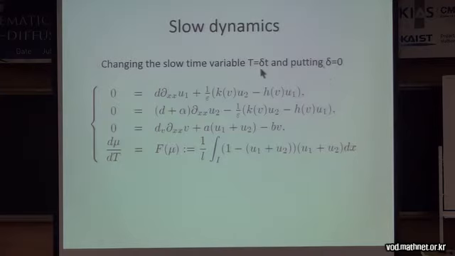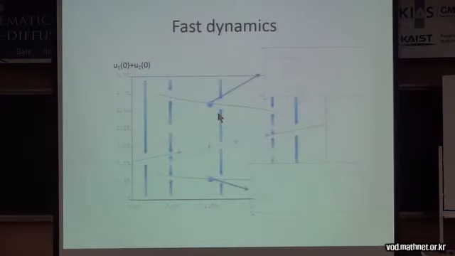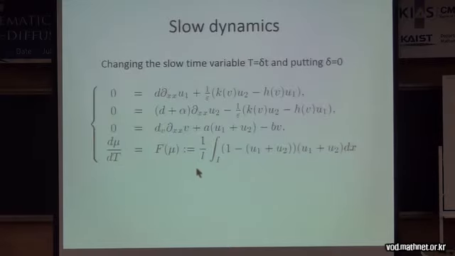Next we consider slow dynamics. Changing time variables like this, and putting delta equals 0 formally, we get this kind of equations. This part means the solutions are sufficiently close to these branches. So we have to consider the dynamics along each line.